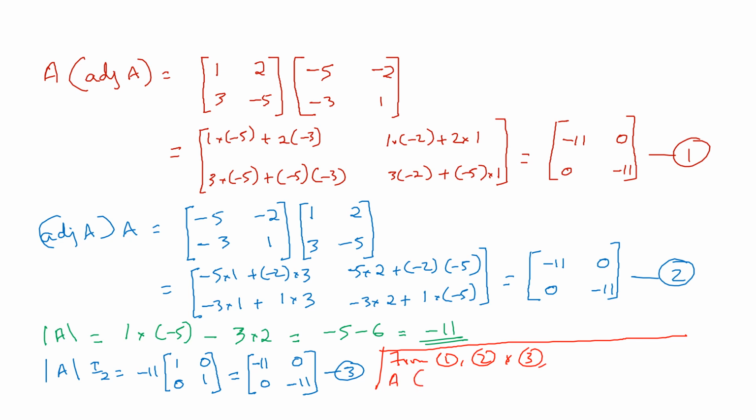A into adjoint of A is equal to adjoint of A into A, that is equal to determinant A into I2. So hence the theorem is verified. Okay, so this completes the problem. See you in my next video.